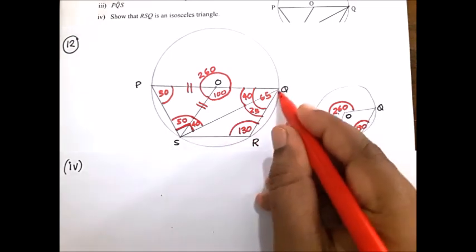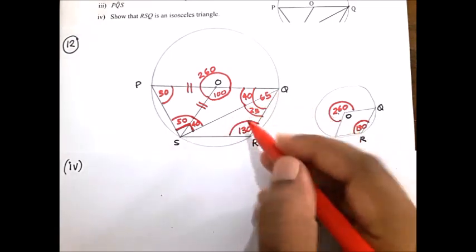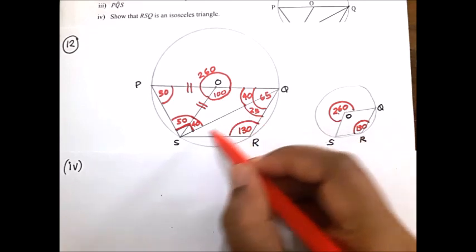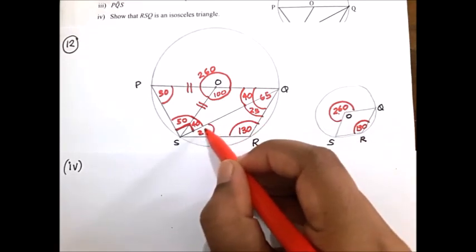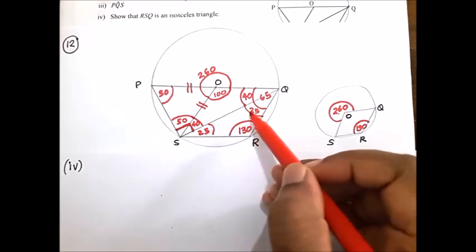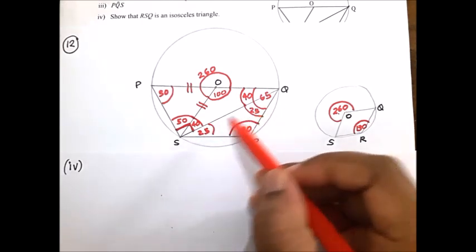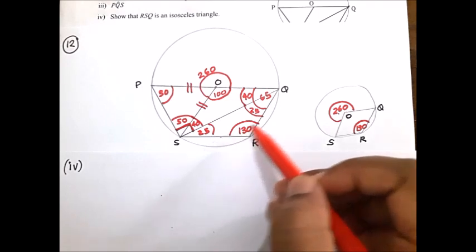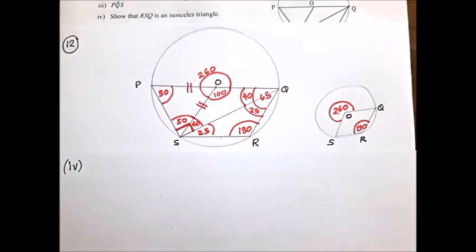Now take the sum of interior angle of SRQ triangle. 130, 25. This one also 25. Now you can see two angles are equal in this triangle. If two angles are equal, then opposite sides are equal.